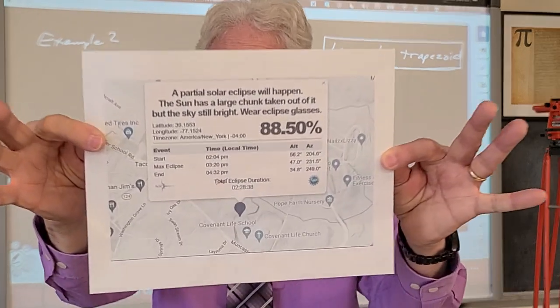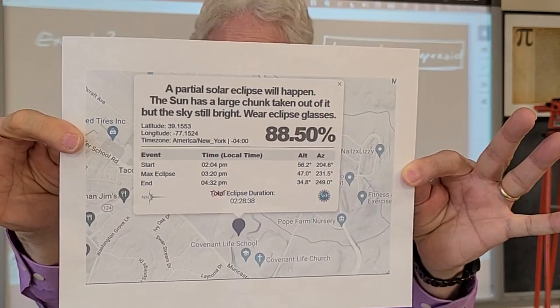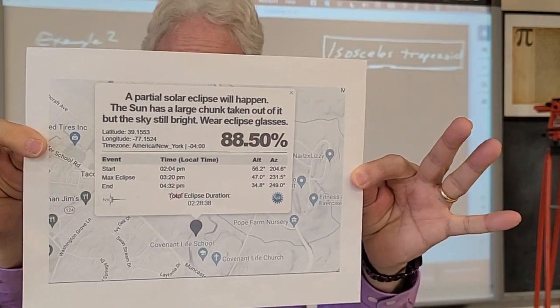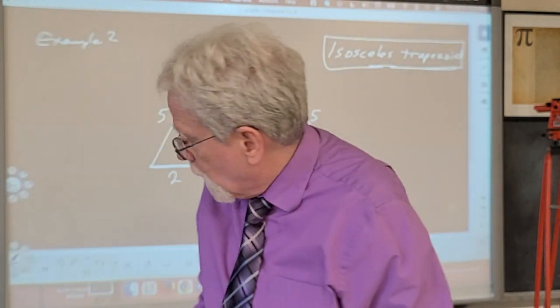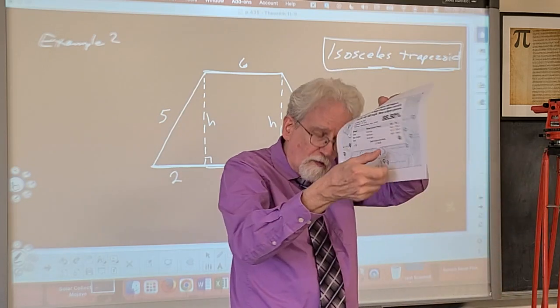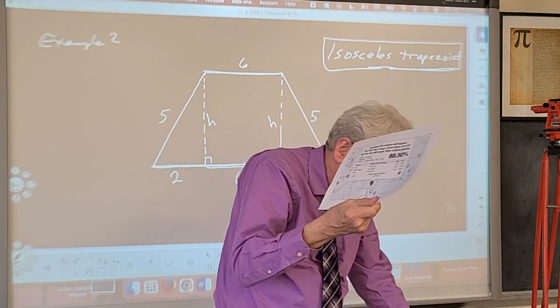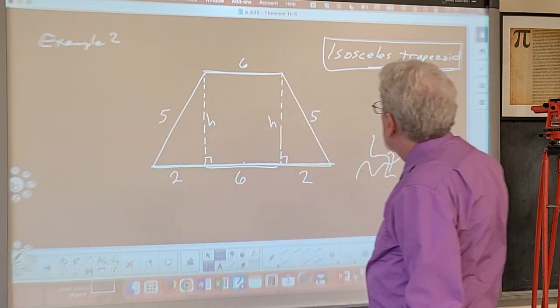Eclipse day. 88.5% coverage at 3:10. Don't look directly at it without protection, without your eclipse glasses. Or you can poke a hole in a piece of paper, hold it up to the sun, and look at the image of the eclipse on the ground. It's pretty cool.